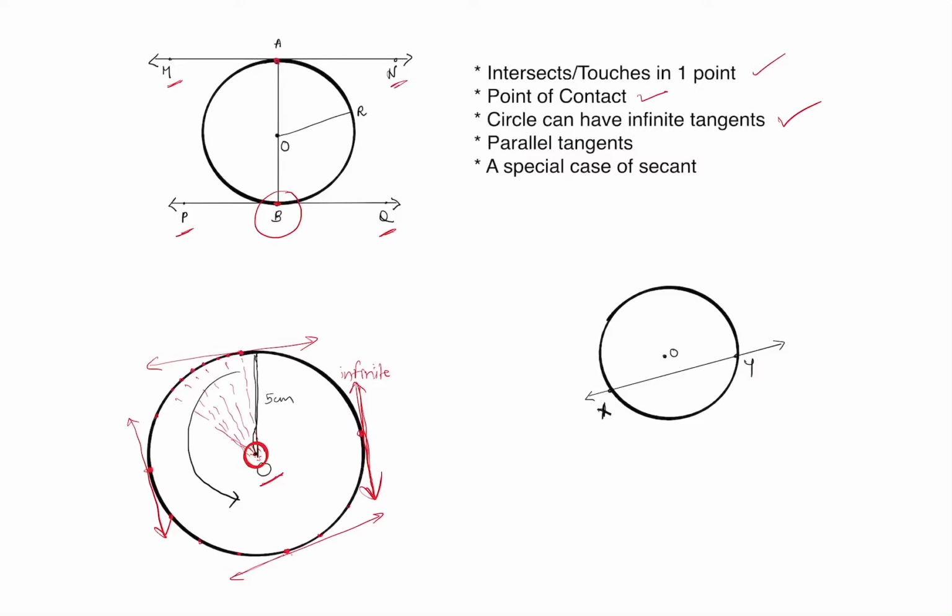Now, what are parallel tangents and how many parallel tangents can exist? We have already discussed that a circle can have infinite tangents. So when we look at parallel tangents, we really are looking at just a pair of tangents at any given point. So here we have seen line PQ and it is touching the circle at point B. What if I draw the diameter for the circle from this point B?